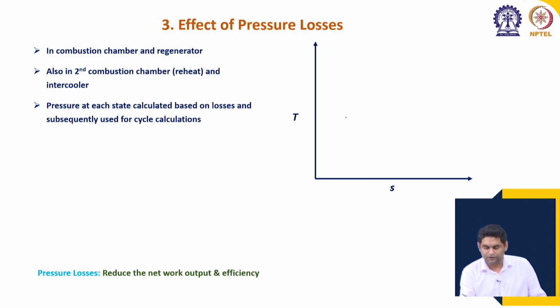So, for example, let us say that these are 2 constant pressure lines, okay. And then this is another constant pressure line which is at a slightly lower pressure, and let us say another constant pressure line like this.